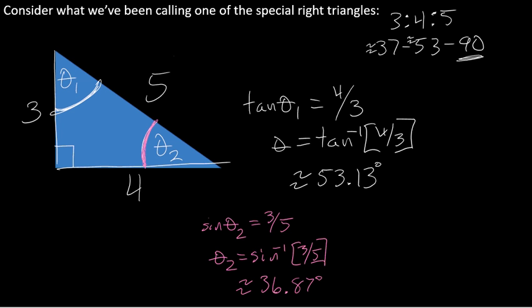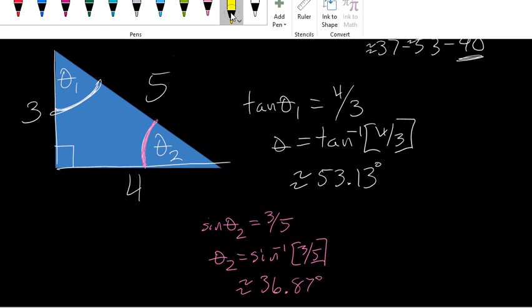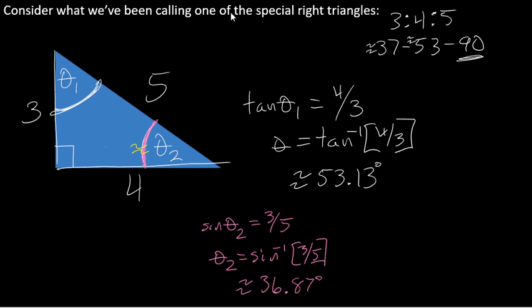Okay, so this guy is approximately 36.87 degrees, and this guy here is approximately 53.13 degrees. Okay, so now we know exactly what they are.